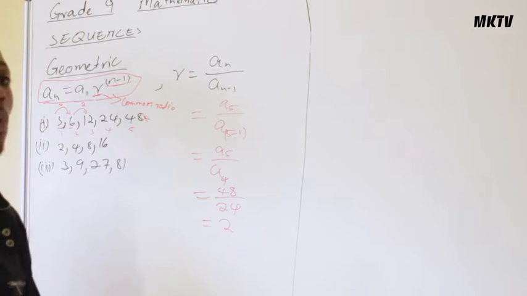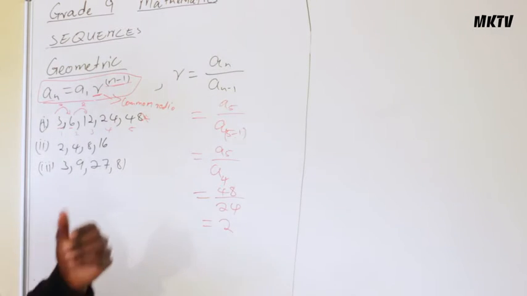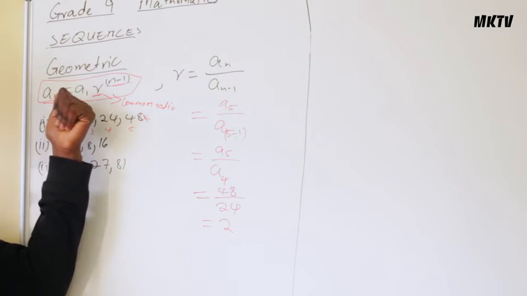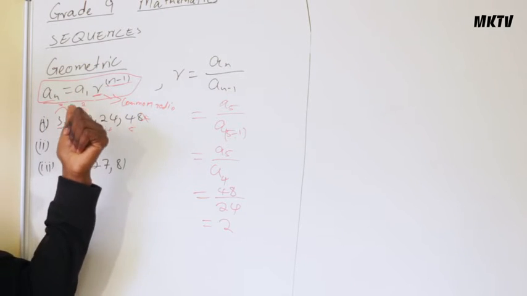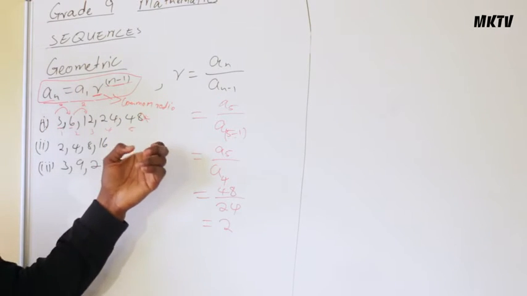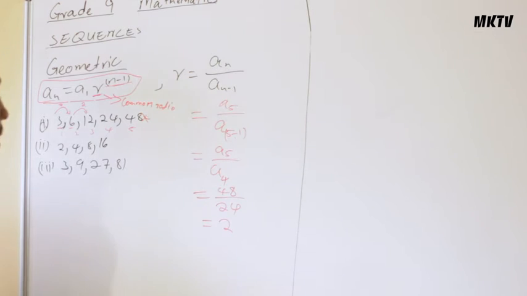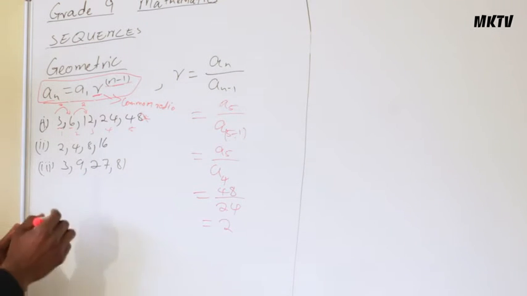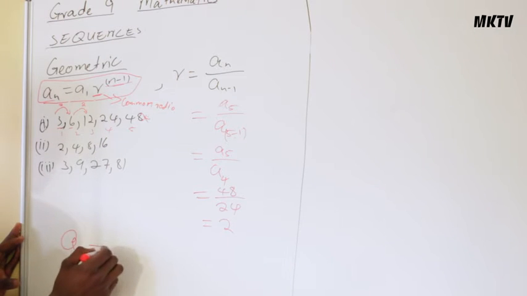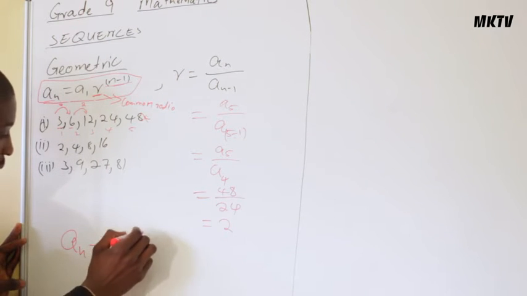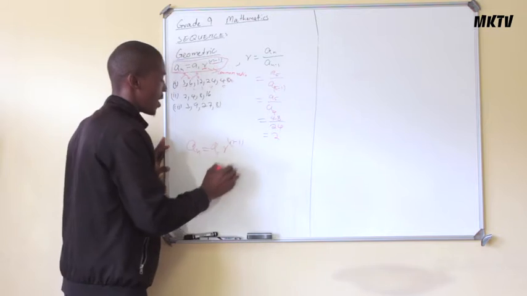So then when you are being asked to find the nth term or the nth formula for this sequence or any sequence, remember we said you are going to go to the general formula, which is an equals a1 r to the n minus 1.